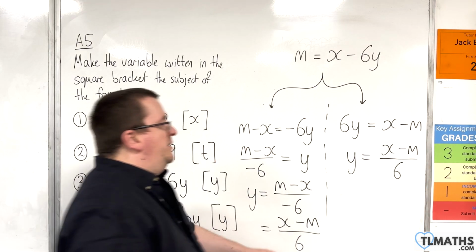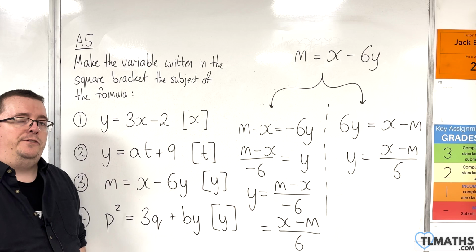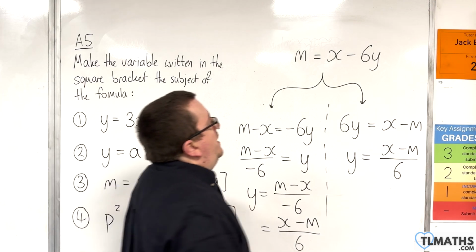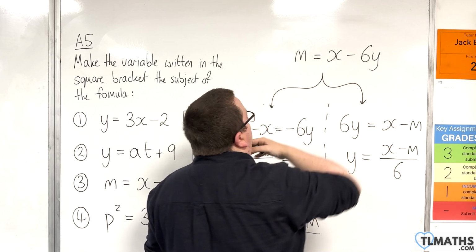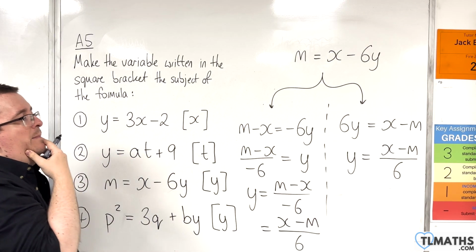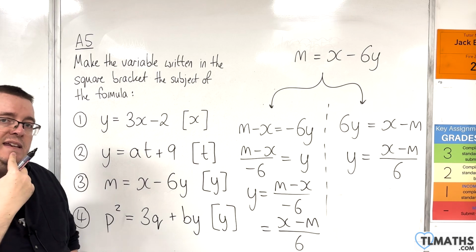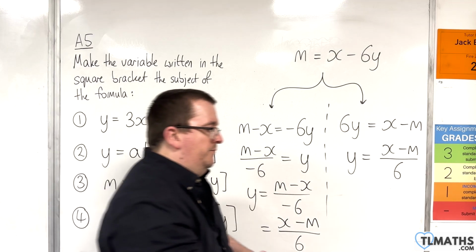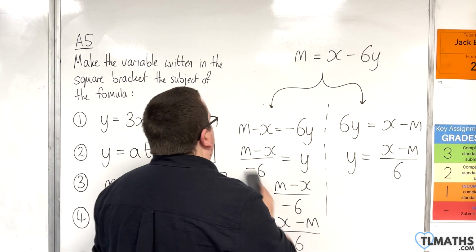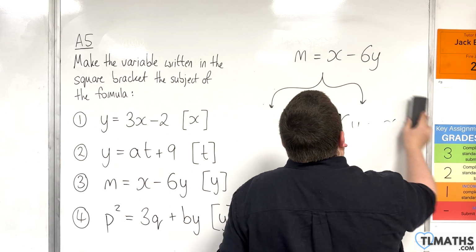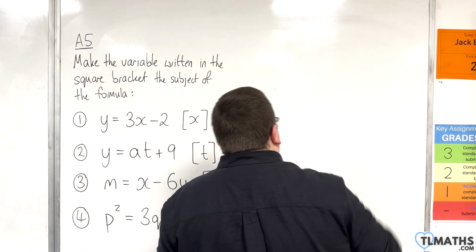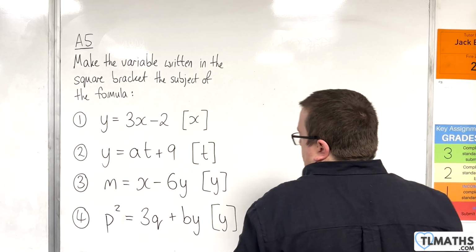And I get precisely the same answer in that neater form. So getting the 6y onto the other side first, and then subtracting the m, that's probably going to be neater in the long run. But again, it's up to you. Both of those versions are acceptable.